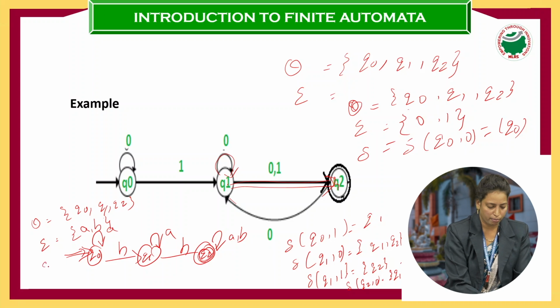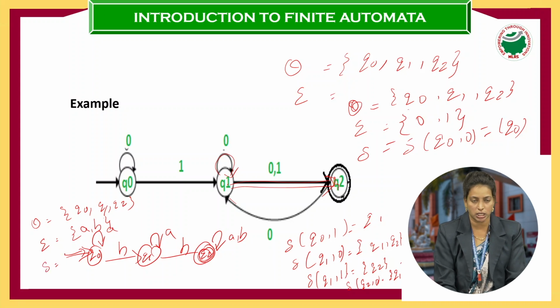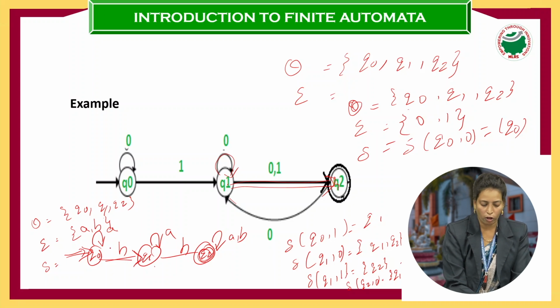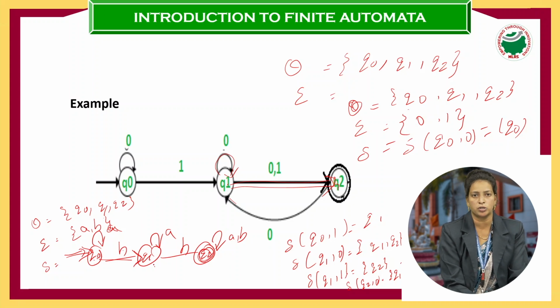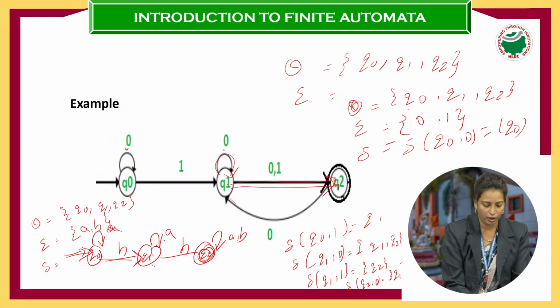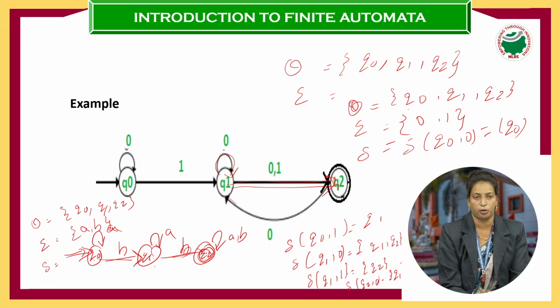Next, the mapping function. Q0 of A moves to Q0 only. Q0 of B moves to Q1. Next, Q1 of A moves to Q1 only. Q1 of B moves to Q2.